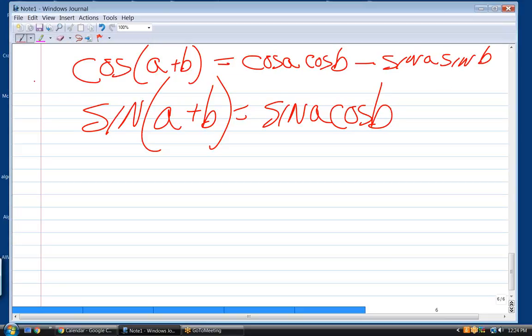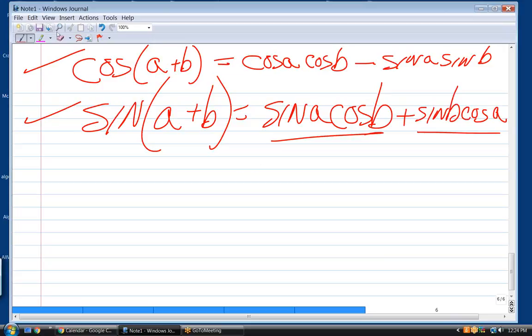And if you remember this one, which is relatively easy to memorize, then you can always figure out that one. What's the rest of this one? Sine B, first of all, what's the plus or minus sign? It's the same, the plus. Then sine B, cosine A. That just needs to be the opposite of that, is all.